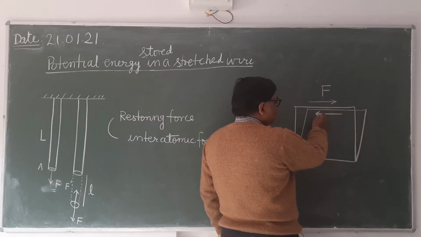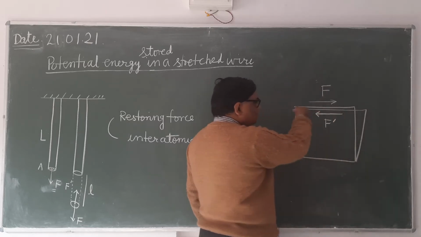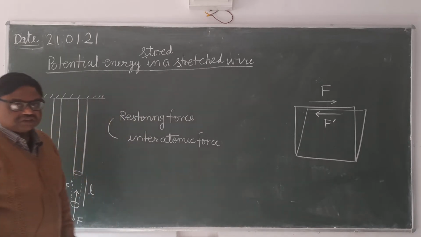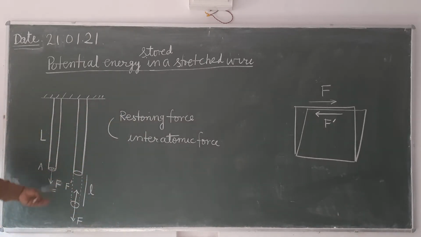Here restoring force will act in this direction, tangential to the surface, but here it is perpendicular to the surface. Is this force F dash of constant magnitude? Like F, whose magnitude is constantly 100 Newton from here to here, is it the same in F dash also? So no.